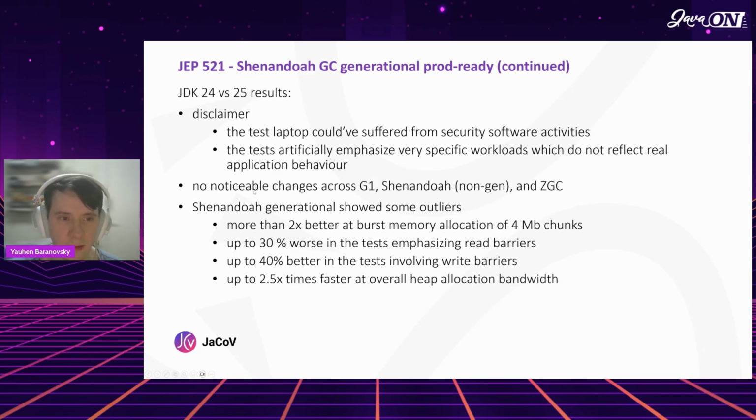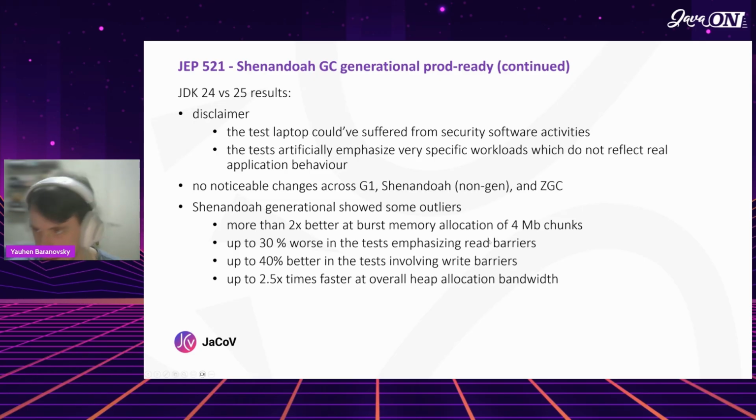But generally, there was no significant change since JDK 24, but nevertheless, there are a couple of outliers. Namely, Shenandoah Generational was able to improve its burst memory allocation performance. It degraded a little bit in tests that emphasize read barriers.